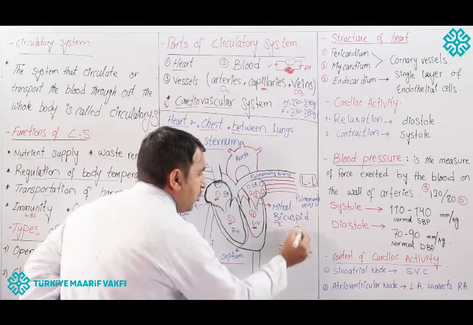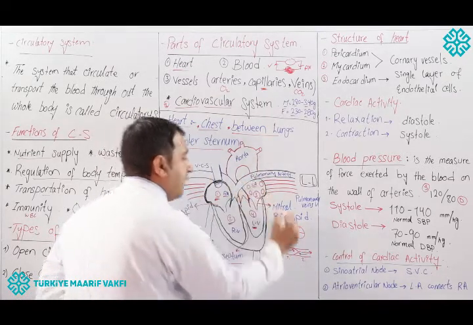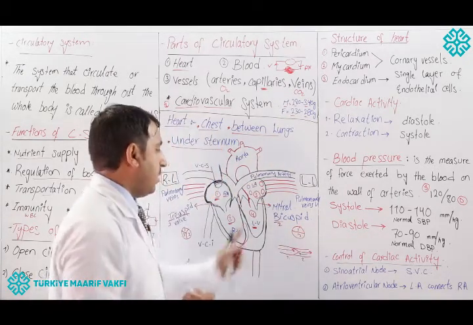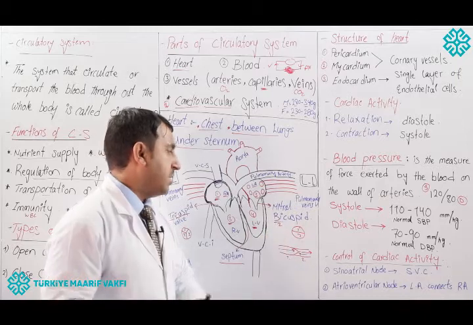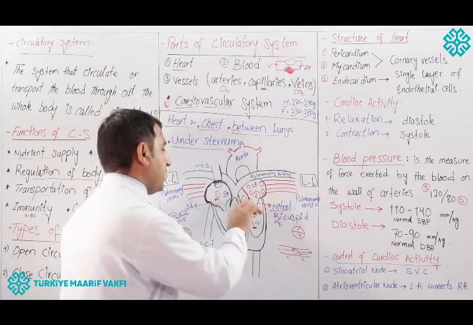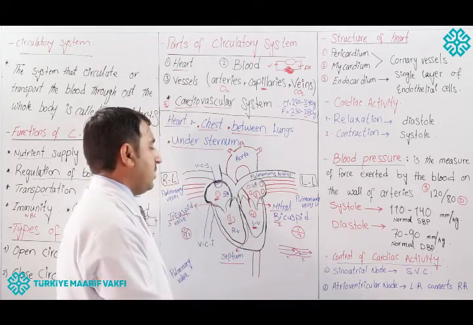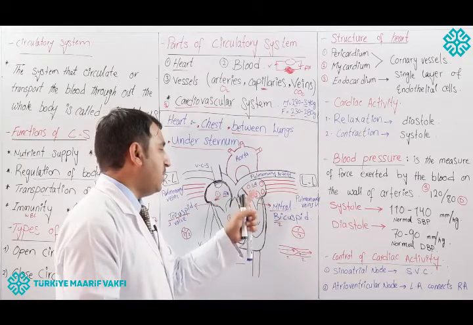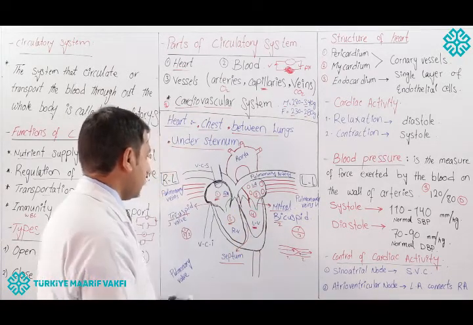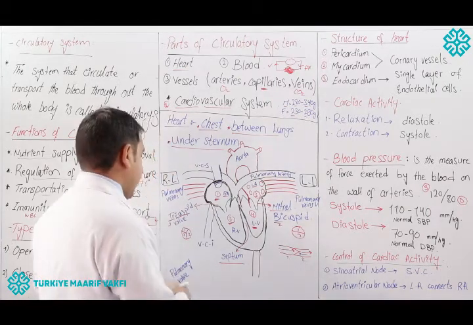Now, if we look from the upper part, we can see 2 parts in the bicuspid or mitral valve. No difference. Both of them are the same, and these names are for the valve which is located between the left atrium and left ventricle.